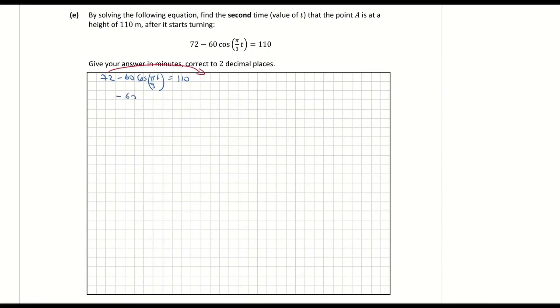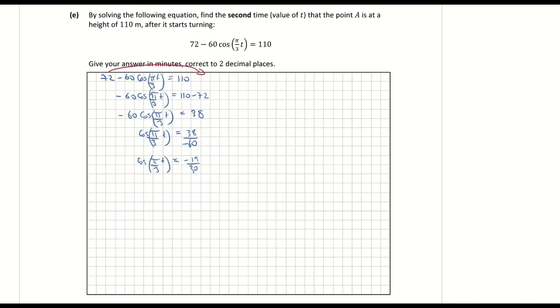That's giving me minus 60 cos of pi over 3t is equal to 110 minus 72, which is 38. I then divide across by negative 60, so cos pi over 3t is equal to minus 19 over 30 when it simplifies down.